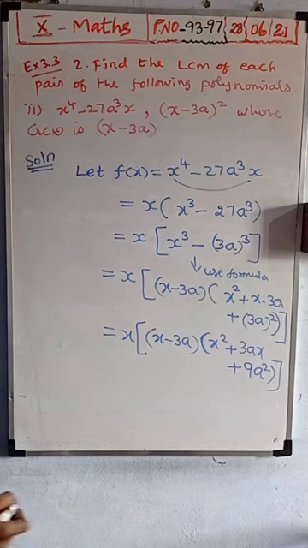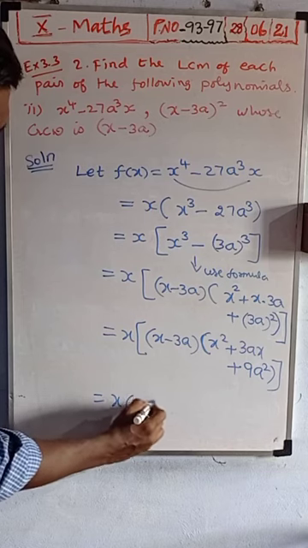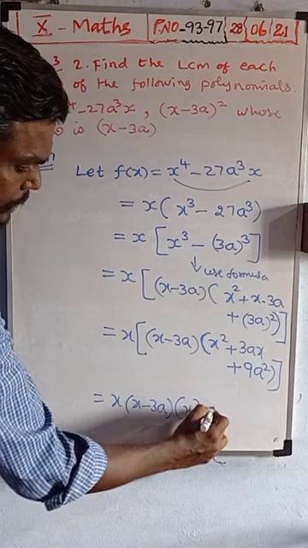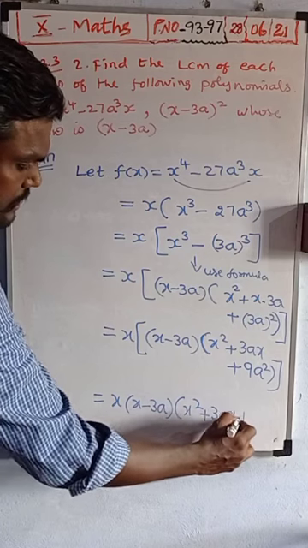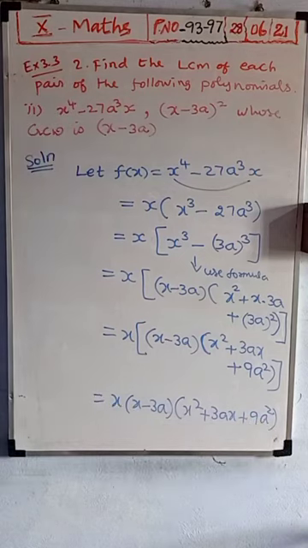Close the bracket. Therefore the factor is x of x minus 3a into x squared plus 3ax plus 9a squared. So f of x we received.